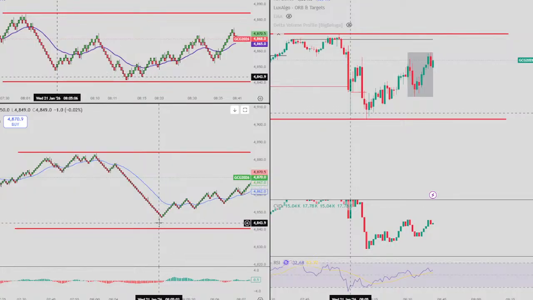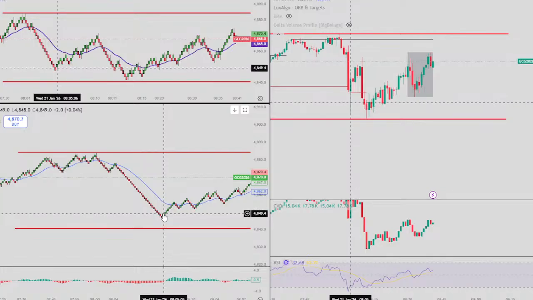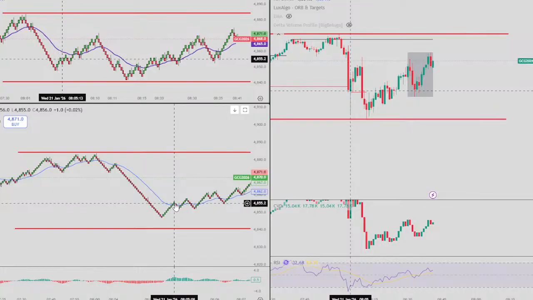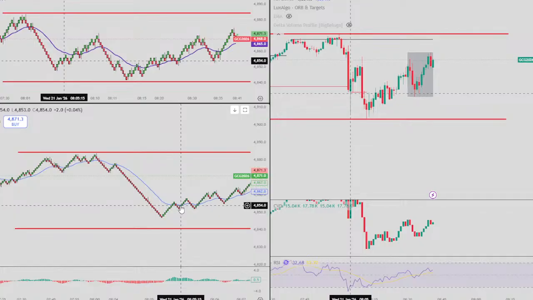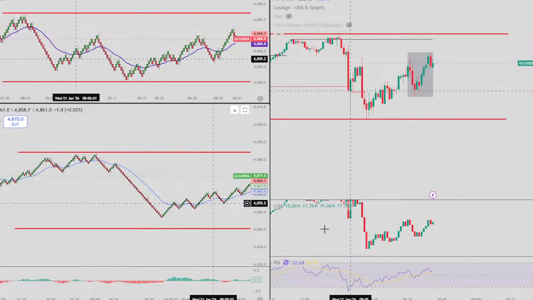But then, yeah, so this actually came down. We popped back up, and then we pop back down. You buy here for maybe 40 ticks. I don't know.